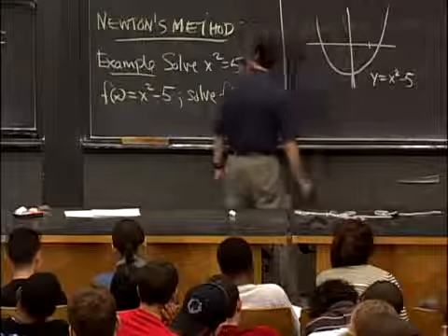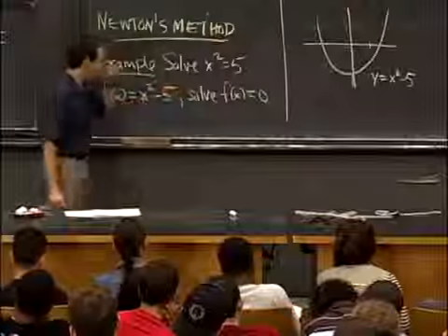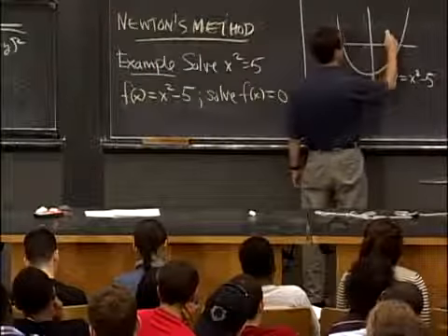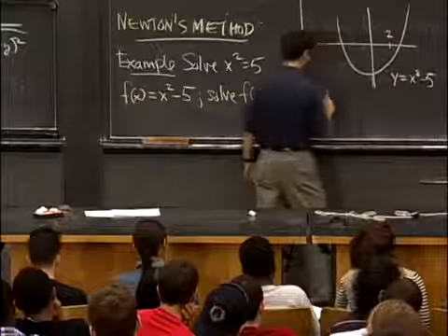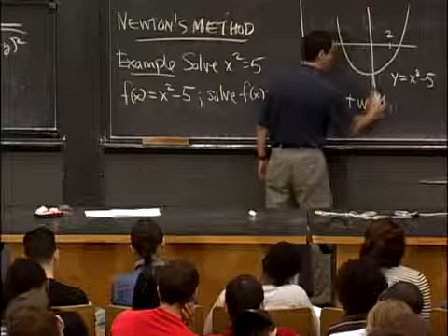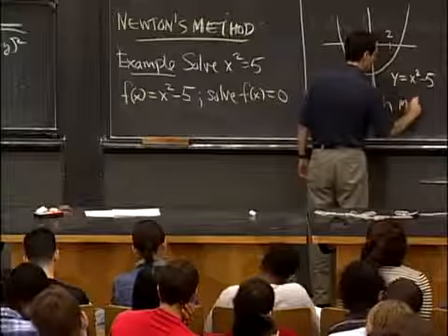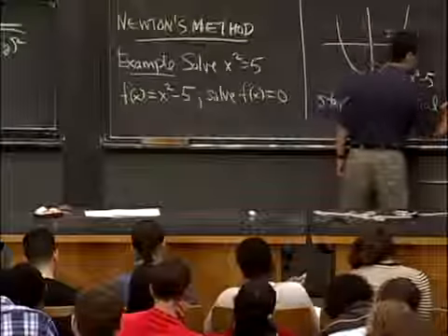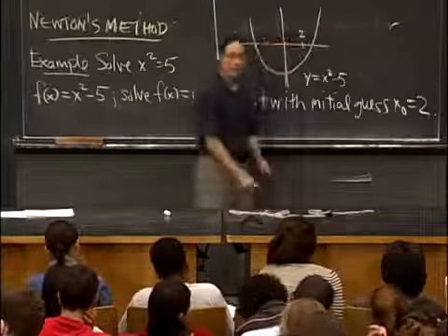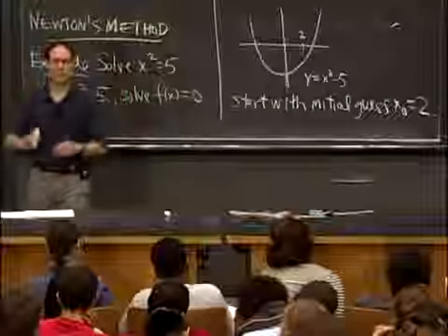And square root of 5 is pretty close to the square root of 4, which is 2. So my first guess is going to be 2 here. So start with an initial guess. All right? So that's our first guess.